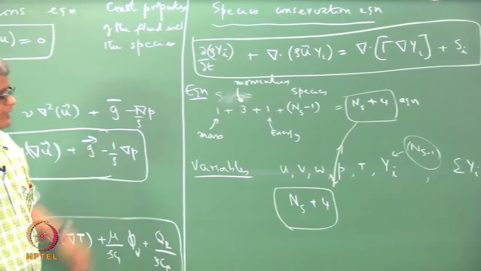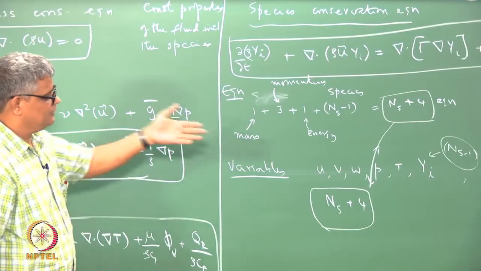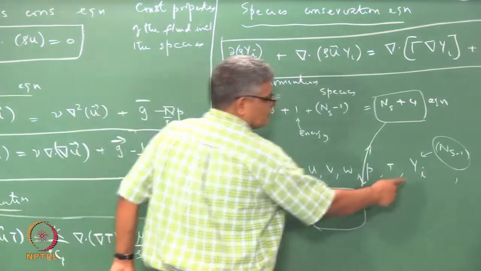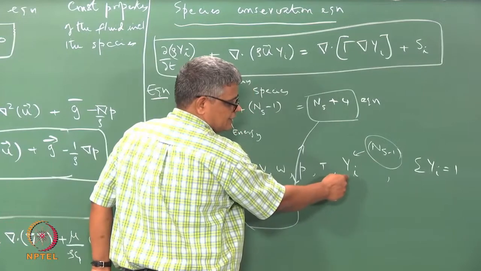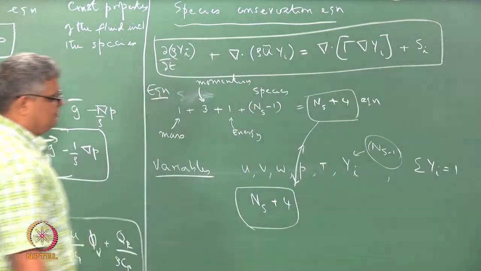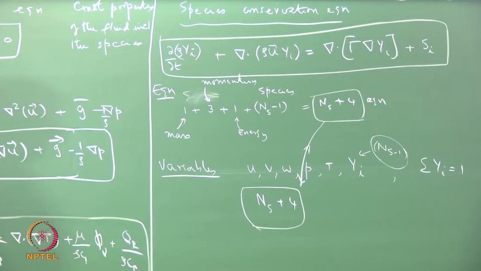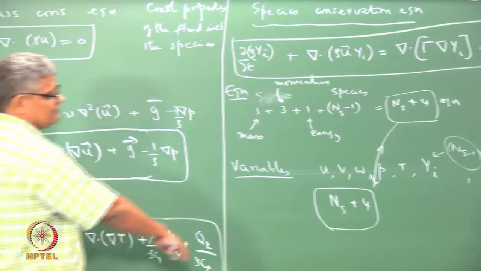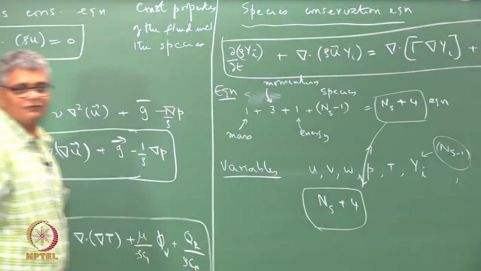This is an extra algebraic constraint that is coming up, and because of that we need to know only ns minus 1 number of yi's, and the remaining one is known from this equation. So here we have so many equations.